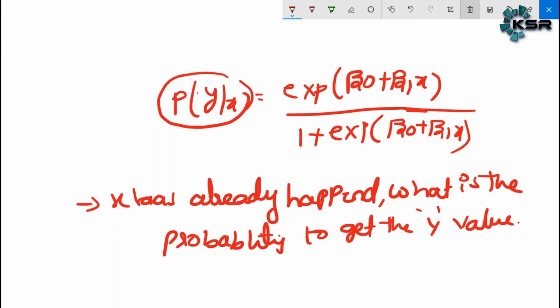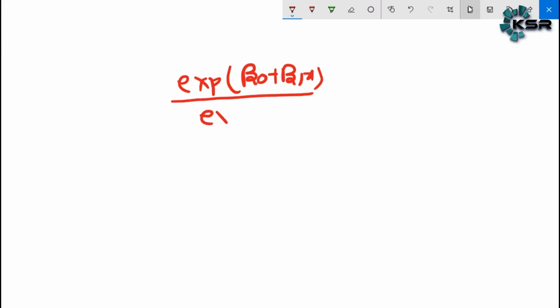So if I go to the formula here, exponential of beta naught plus beta 1 x divided by exponential of beta naught plus beta 1 x. When we discussed multiple regression yesterday, we discussed one point. We took three variables x1, x2, x3, and Y is the one variable.